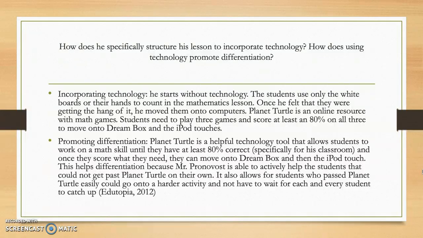So he is able to focus more on their needs and where they're having their own struggles. But it also allows for students who pass Planet Turtle easily to go on to harder activities and not wait for each student to catch up with them.